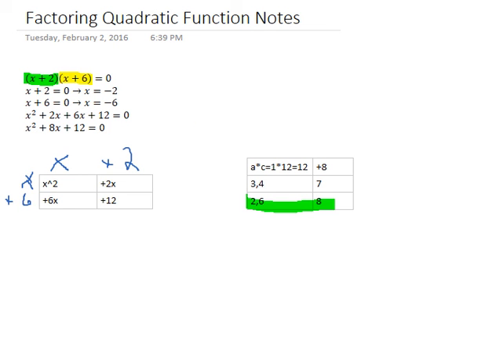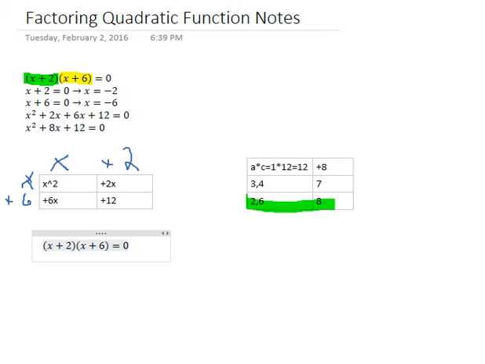All right. You should see some very familiar numbers there written on the outside. If I want to write this now in factored form, my factored form looks like x plus 2, just the numbers from the top, and then the second parentheses I put x plus 6 equals 0, which, interestingly enough, is exactly where I started. So you can see then how we use that table to unfoil, as it were.